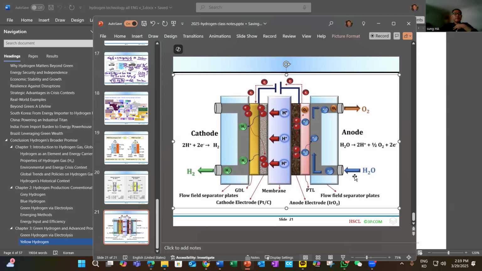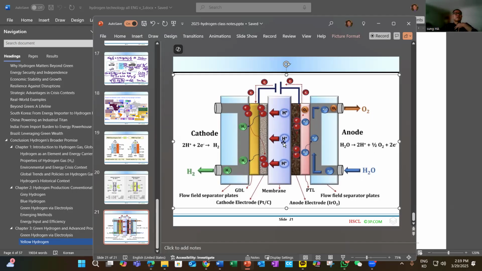Again, H2O goes into the anode side, H2O comes here, and then the electron, and importantly, the proton is separated. There will be oxygen here, O2. So basically, proton, oxygen, and electron are separated.